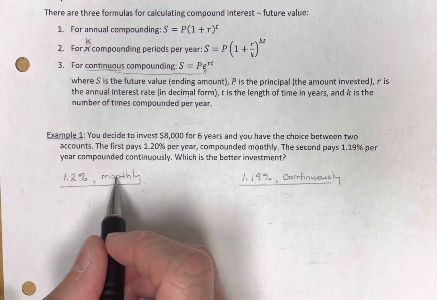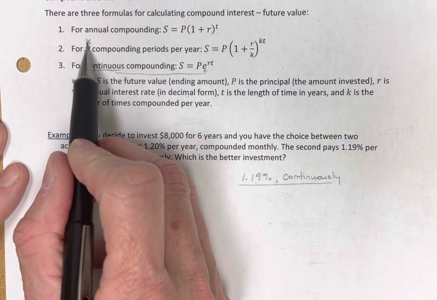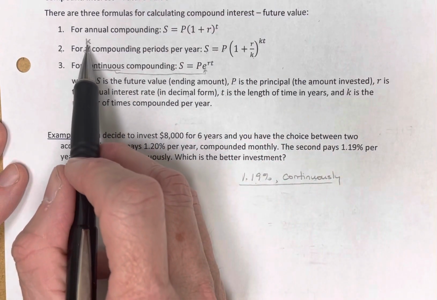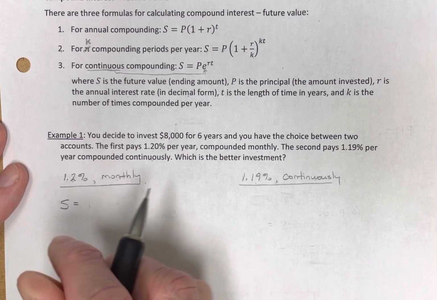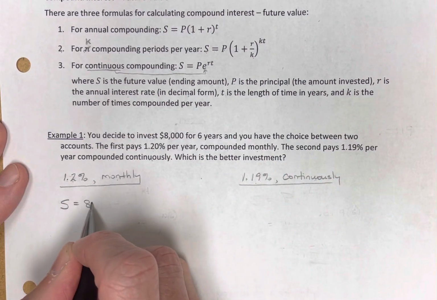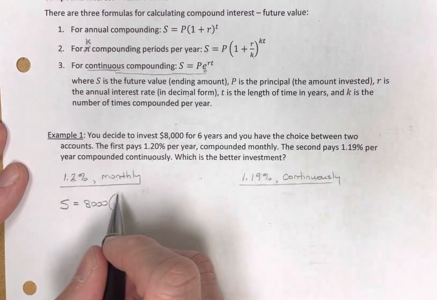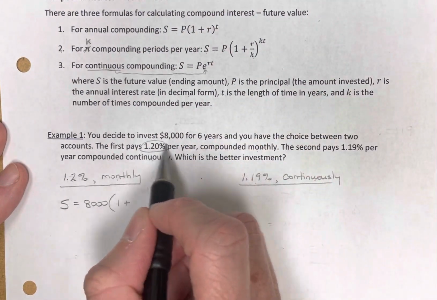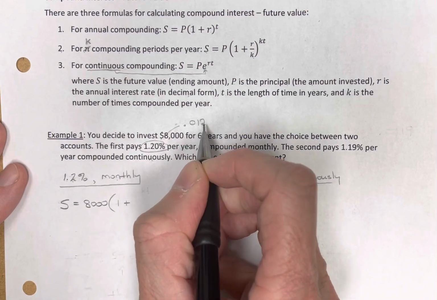Well, let's first start with this one. We're compounding 12 times per year. So for K compounding periods per year, we use this formula, and in our case, K is 12. So our ending amount, our future value, equals our beginning amount, which is $8,000, times 1 plus the rate as a decimal. Let's remind ourselves that 1.2% is 0.012.